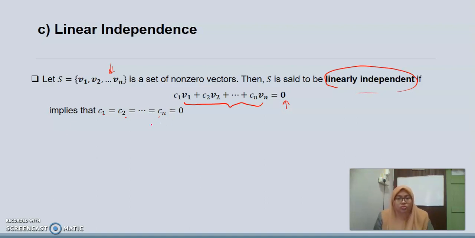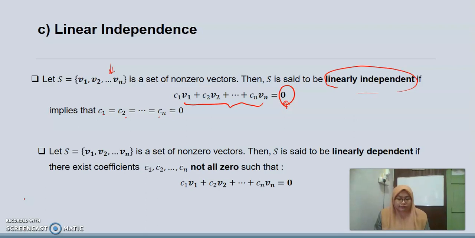Since C1, C2 up until Cn are all 0, we will have 0 value for this linear combination. If this happens, that means set S is a linearly independent set.